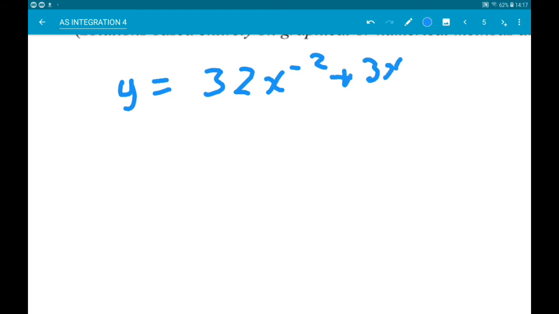Okay, now we know A1 is the integral between 2 and 4 of the curve with respect to x.